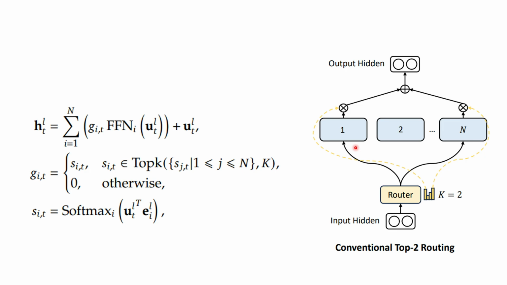Depending on the context and the subject of the input tokens, only a subset of these experts will be activated for each token. This leads to using only a portion of the parameters for each token and reducing computations.